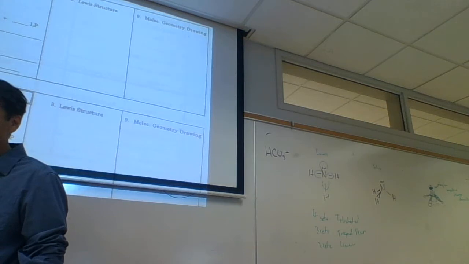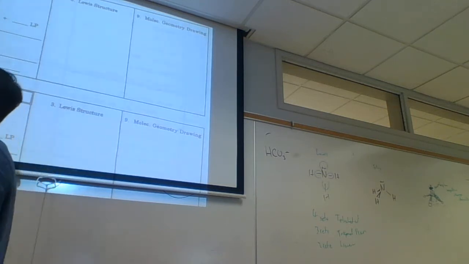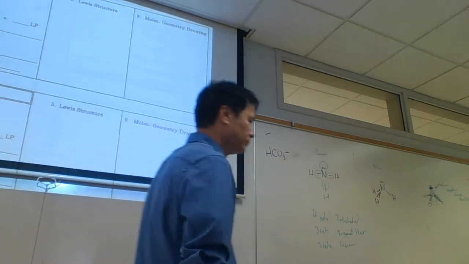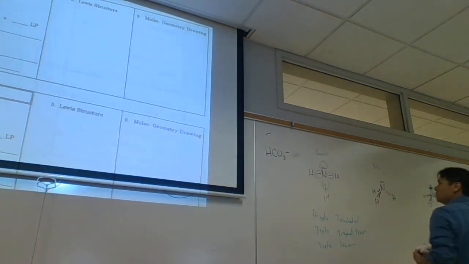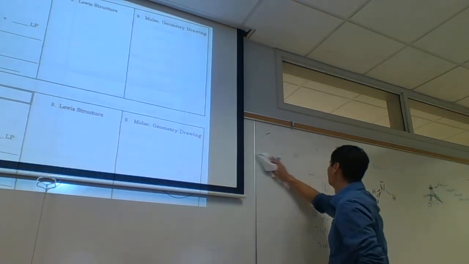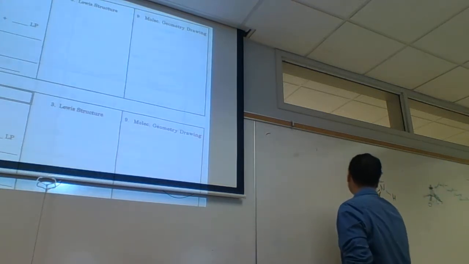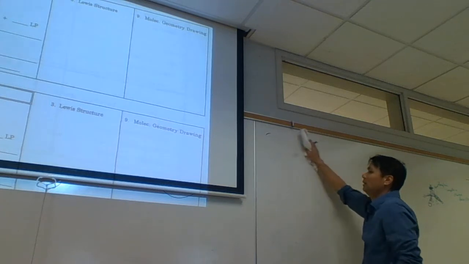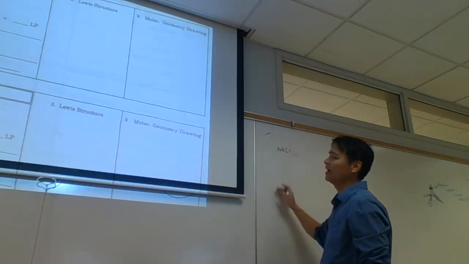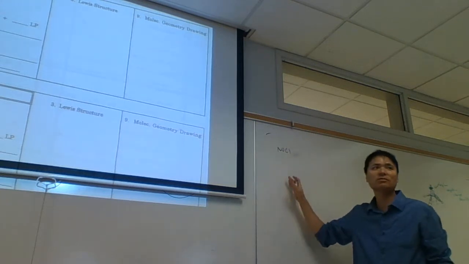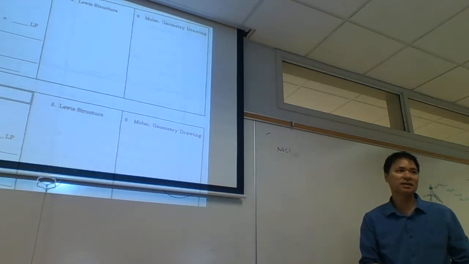Because normally we would think nitrogen goes in the center, but maybe not. Maybe oxygen goes in the center. And so let's try drawing this one out together here. NOCl, I kind of think oxygen goes in the center because of the way they wrote it, but I don't want to be deceived, you know?